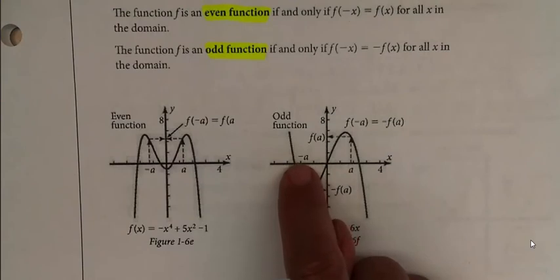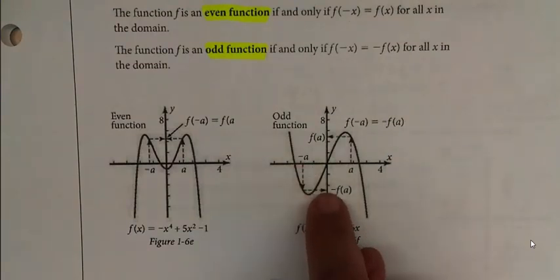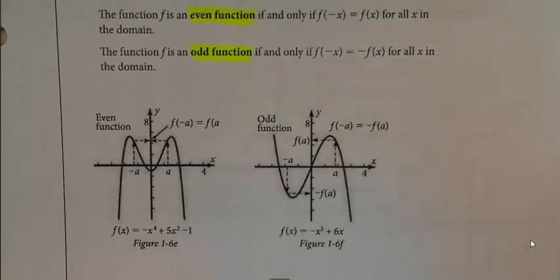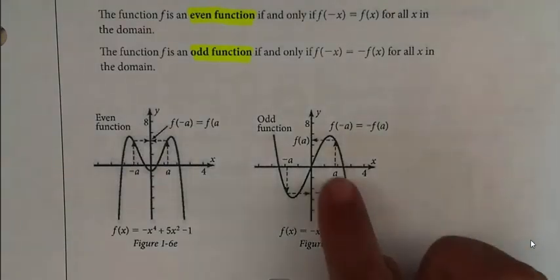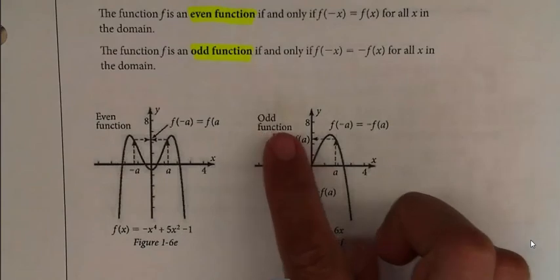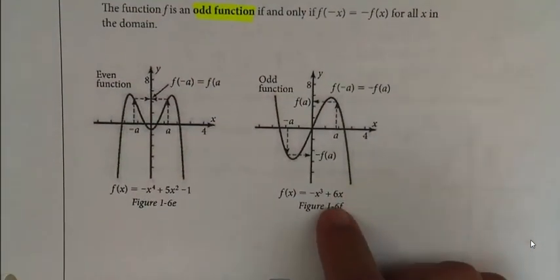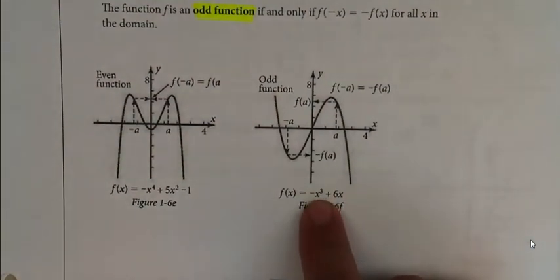I'm going to get out the opposite output, so negative f of a. Okay, so I think that's pretty clear right there. The other cool thing about an odd function, and we talked about these last year, was that your ends were going to be going opposite directions. And they are also raised to an odd power. So your leading term has an odd power.